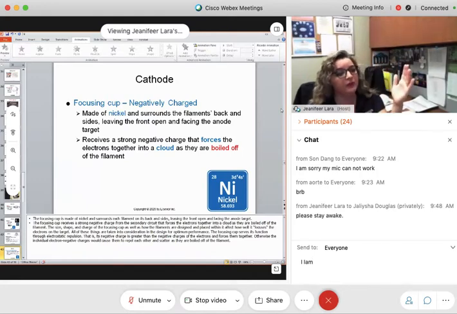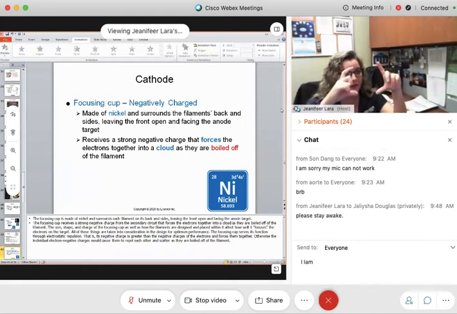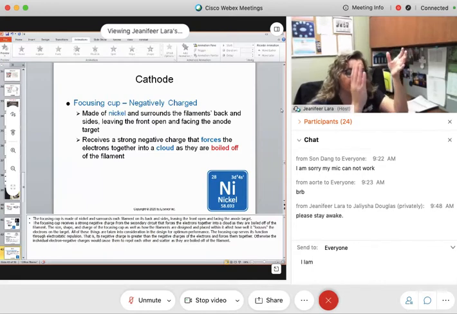The large filament is activated when you're using a 14 by 17 or 11 by 14, that size. The small filament is activated when you're imaging small items like the finger, the hand, 8 by 10. The large filament is for large objects, the small filament is for small objects.